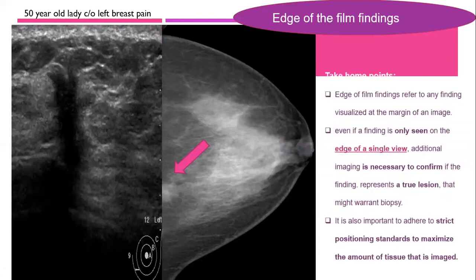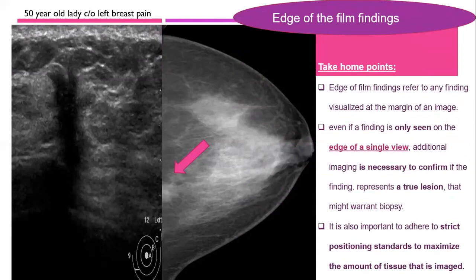So this is edge of the film, and the important point is to know that edge of the film refers to any finding visualized at the margins of the image, and even if seen in a single view, we have to consider it, clarify it, do other views, and at least do an ultrasound to make sure whether there is a true lesion or only an artifact or normal breast tissue seen at the edge of the film.